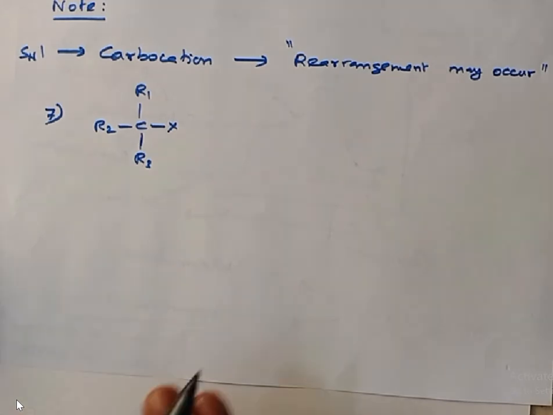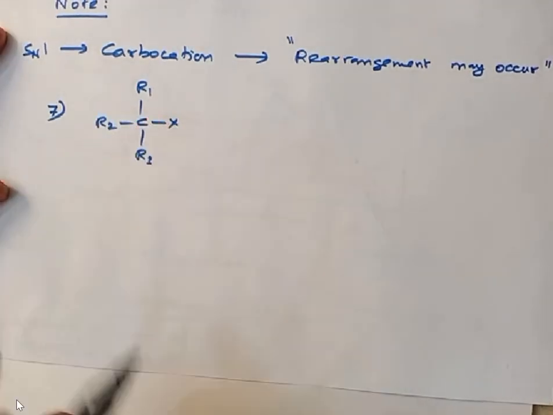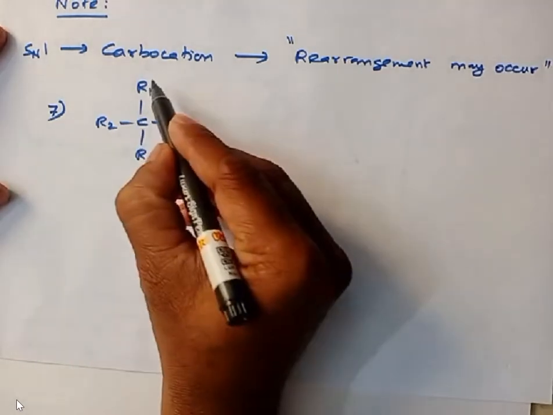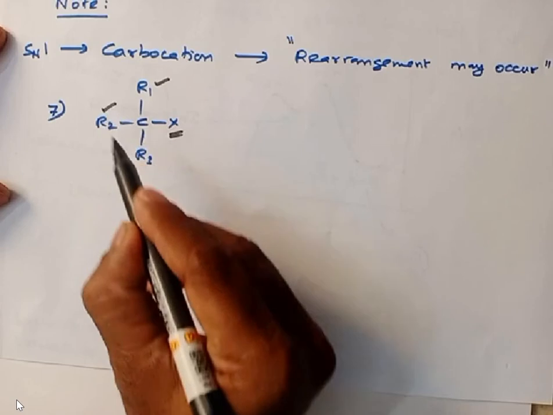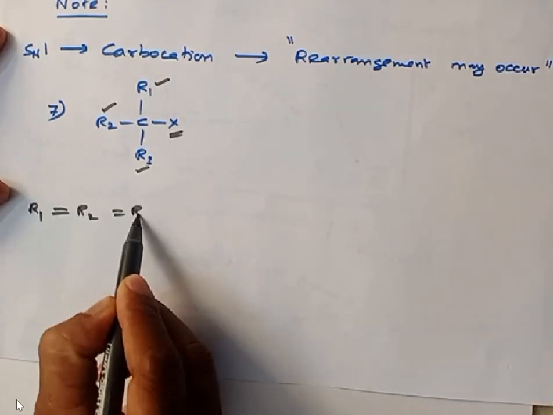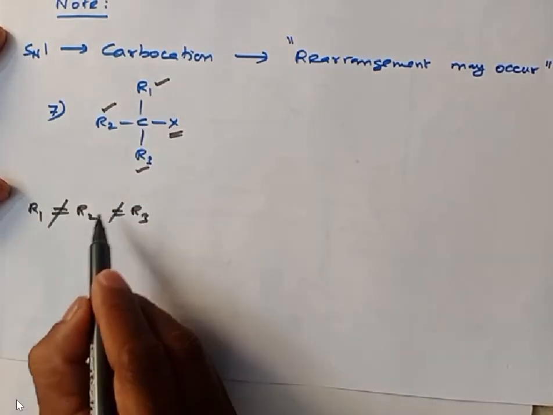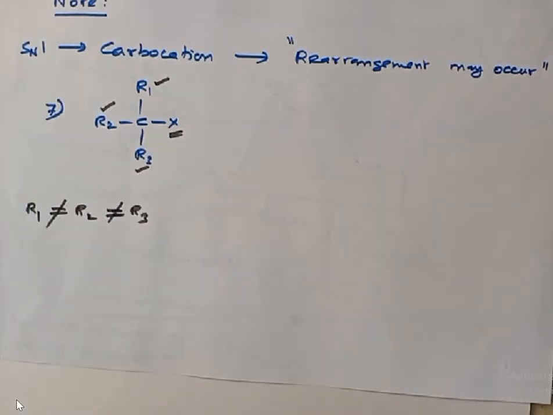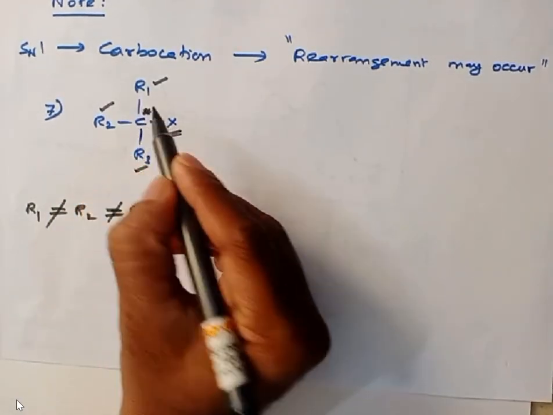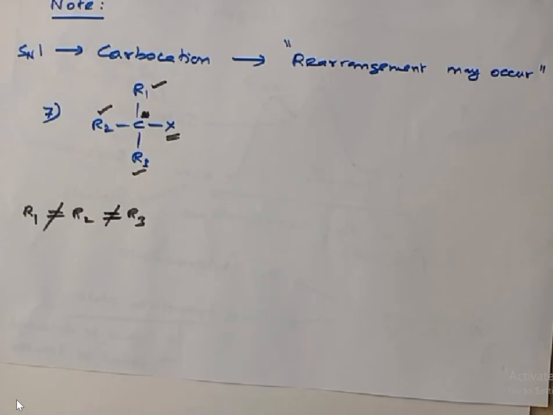Okay. Now see, I have taken some tertiary halide. Here we have a halogen atom, which is a leaving group, and here we have some group R1, some group R2, some group R3. Assume that R1, R2, R3 are all different groups. If all four groups are different, we call this carbon a chiral carbon or asymmetric carbon.